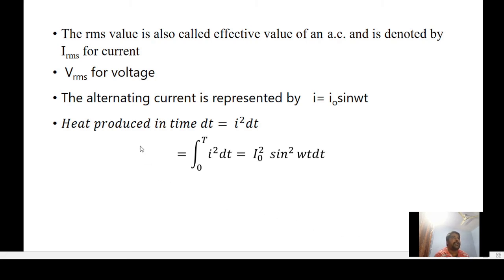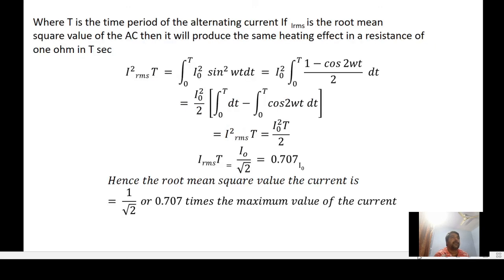Heat produced in a time dt is given by I square into dt, where T is the time period of alternating current. If I RMS is the root mean square value of alternating current, then it will produce the same heating effect in a resistance of 1 ohm in T seconds.